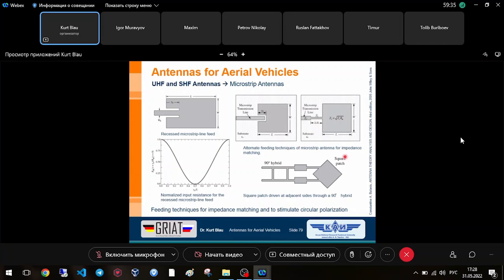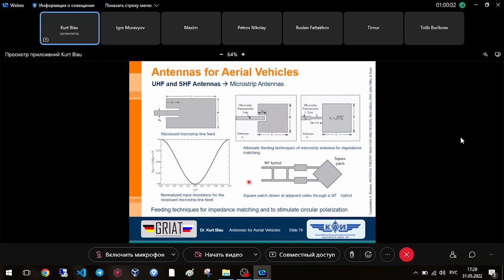And another possibility is to excite left or right oriented circular polarization, left-handed or right-handed. You can do this in this way here. This is called a 90-degree hybrid.